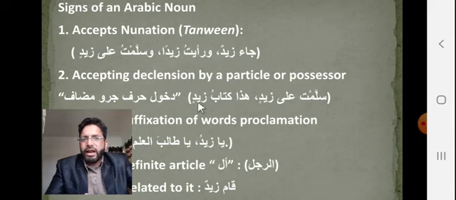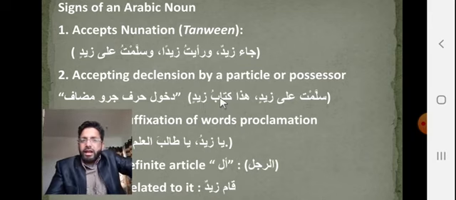Kitab is a noun which we related towards Zaid. Zaid is the possessor of kitab, so kitab is possessed. Now you see, when I used this mudaf possessor on this noun, it accepts declension. It became majroor because of this mudaf. Here it became majroor because of this harf jar, genitive preposition.